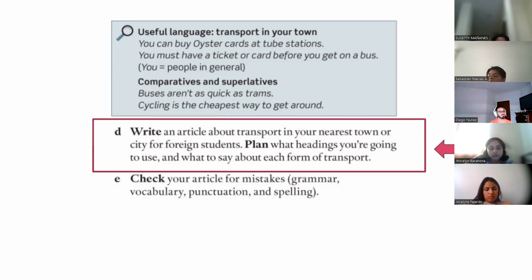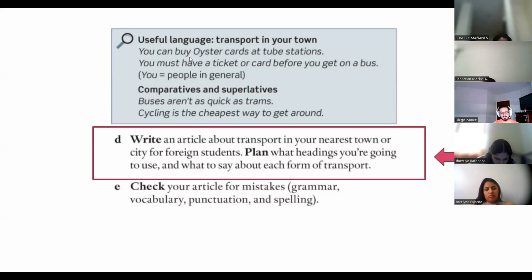Now, this is the activity, exercise D. Write an article about transport in your nearest town or city for foreign students.